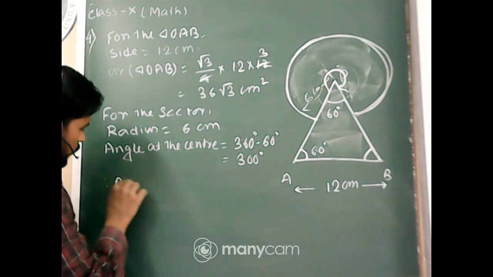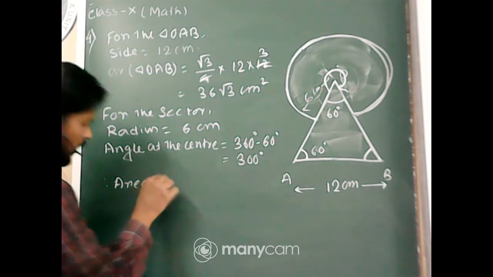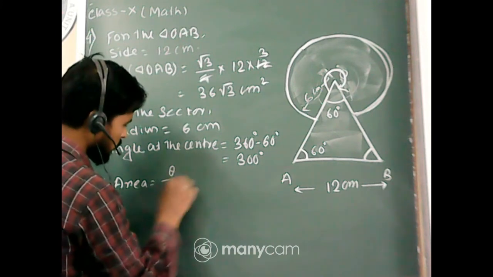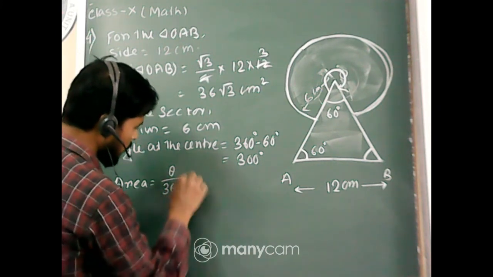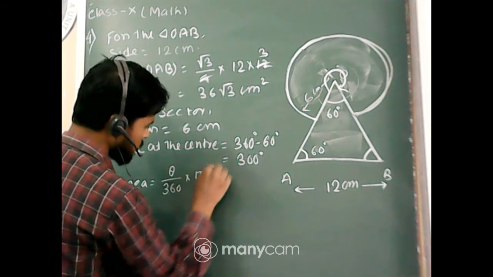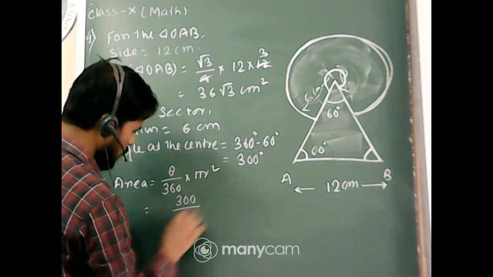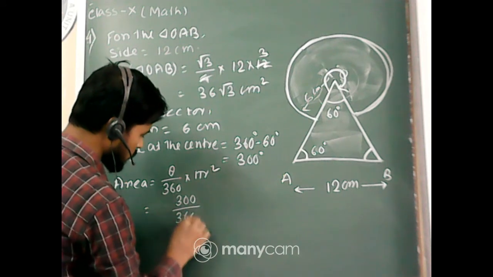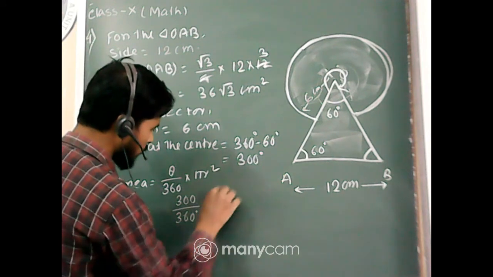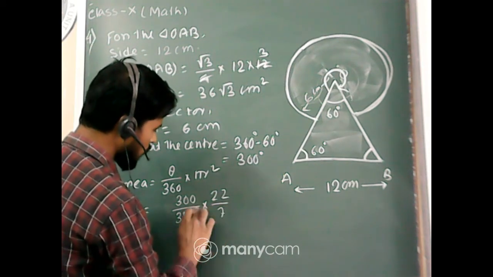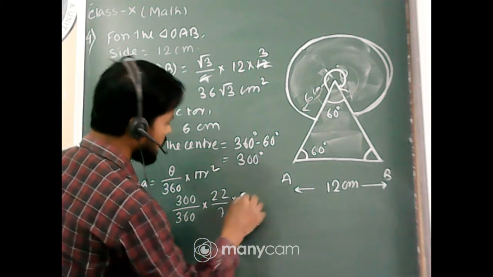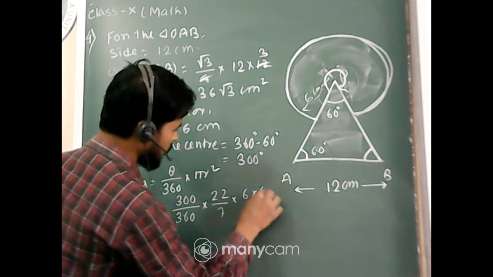Therefore area is equal to, apply the formula, theta by 360 degree into pi r square. So theta means 300 degree by 360 degree. Value of pi is 22 by 7 and value of r is 6 into 6.